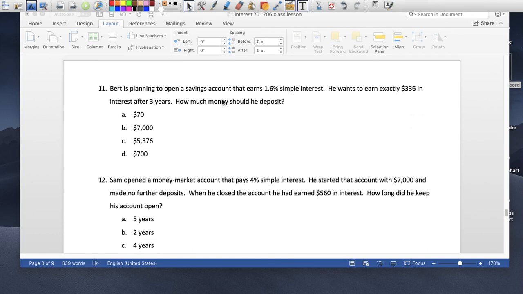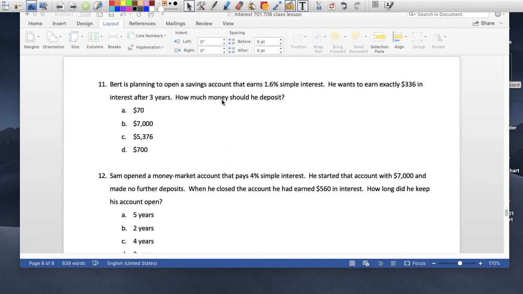Two more. So Ben is planning to open a savings account that earns 1.6% simple interest. He wants to earn exactly $336 in interest after 3 years. How much money should he deposit? So I equals P times R times T. The interest rate is 1.6%, so it's 0.016, right?